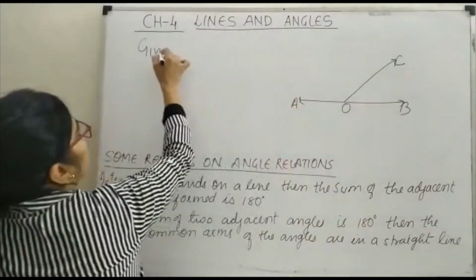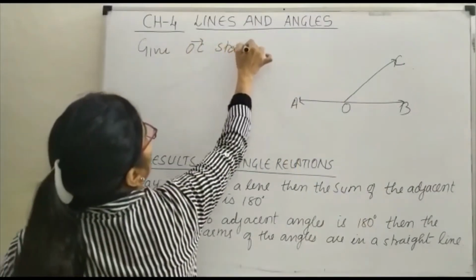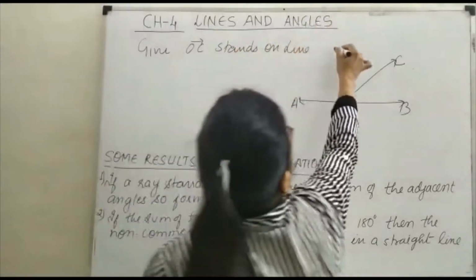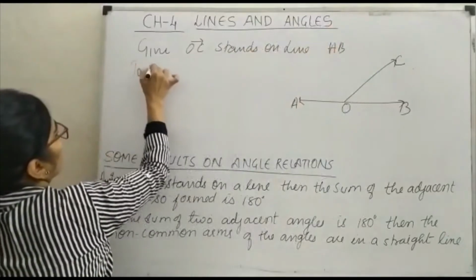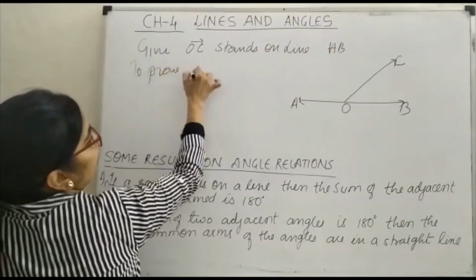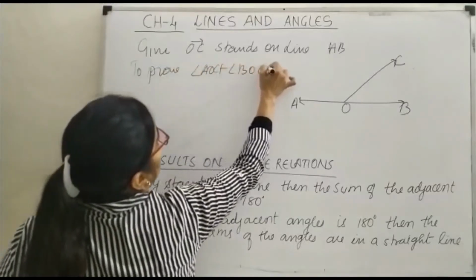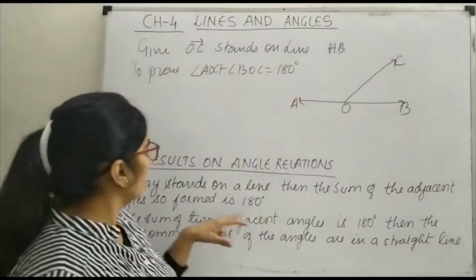Given: OC stands on line AB. To prove: angle AOC plus angle BOC is equal to 180 degrees.